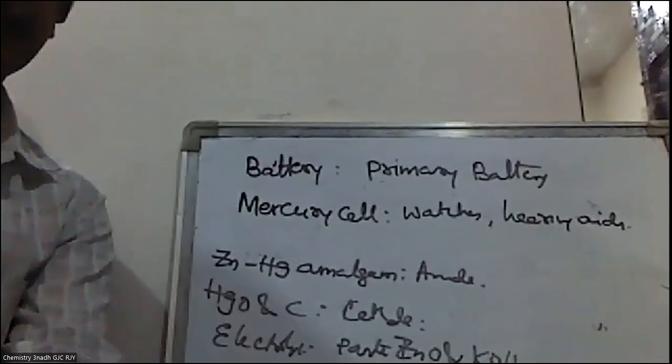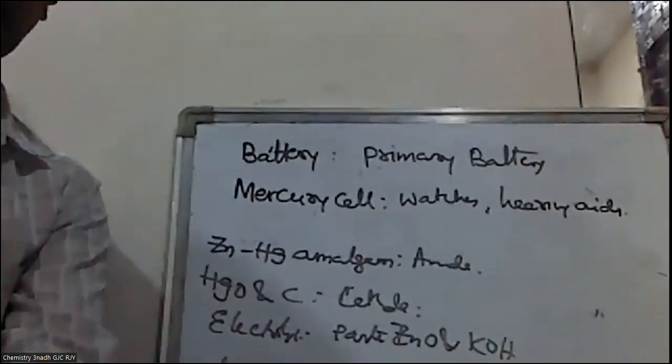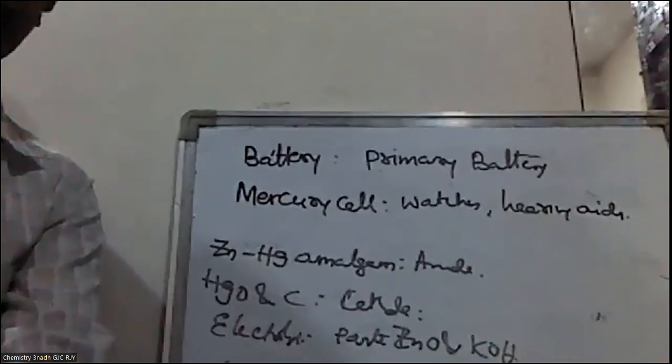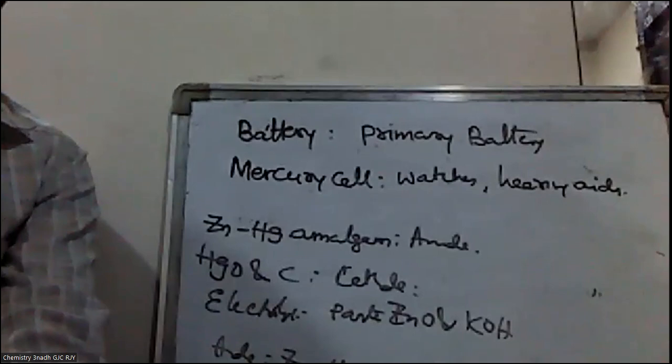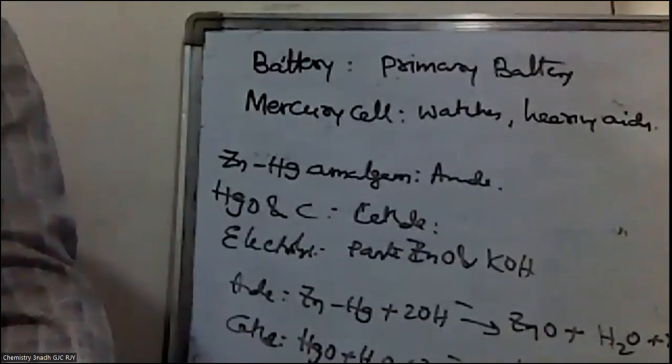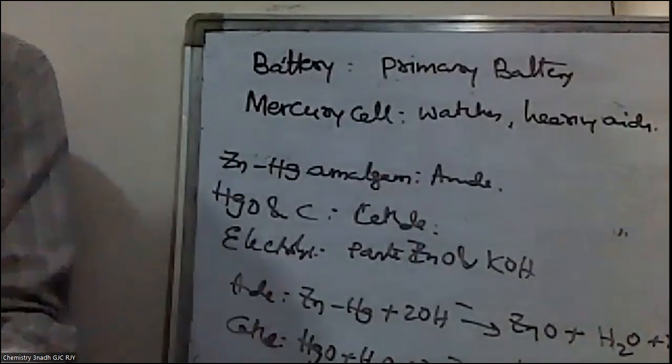The electrolyte is a paste of zinc oxide and potassium hydroxide, and the reactions occurring at anode and cathode are like this.